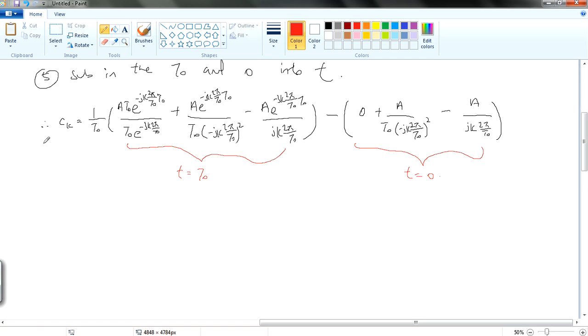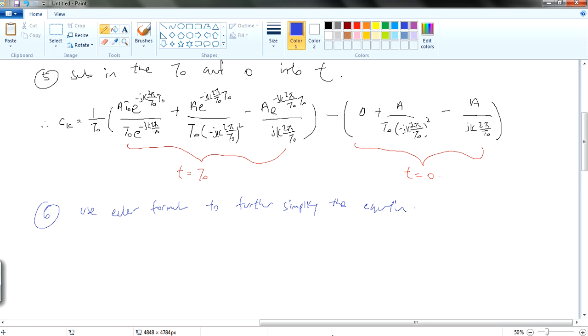The next step, use Euler formula to further simplify the equation.